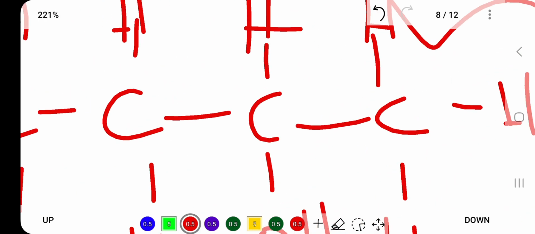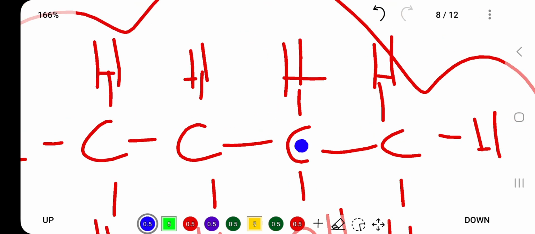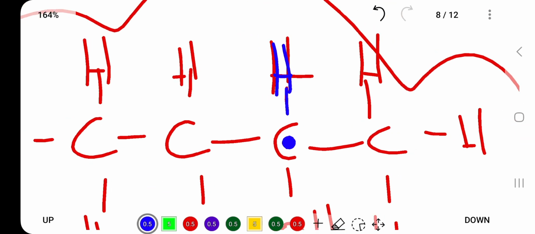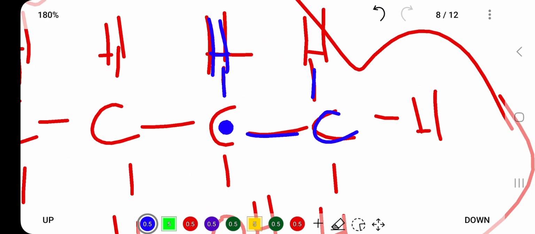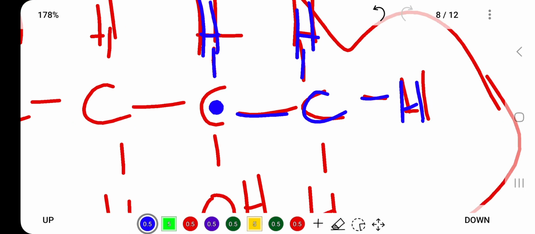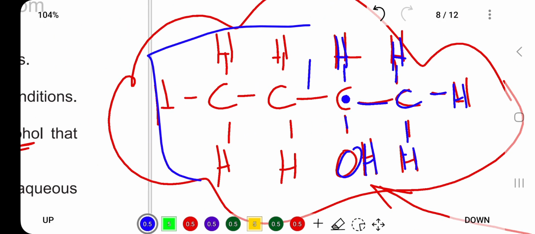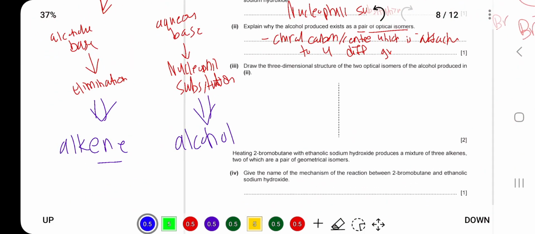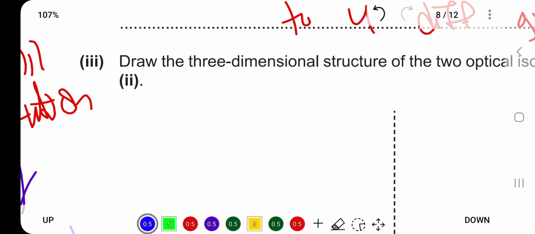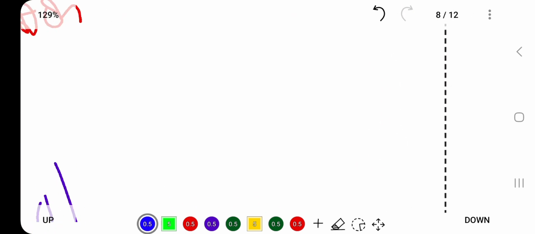Now, do you want an optical isomer formed from this compound? So yes. This is a carbon which is connected to H, a different group as well, OH, a different group as well, and this entire thing. So yes. Now you put them in a 3-dimensional shape, or you'll be done for.